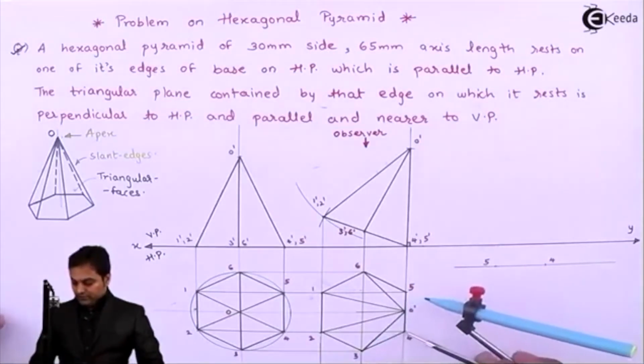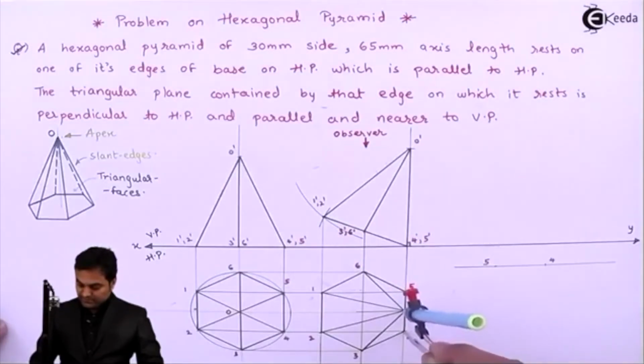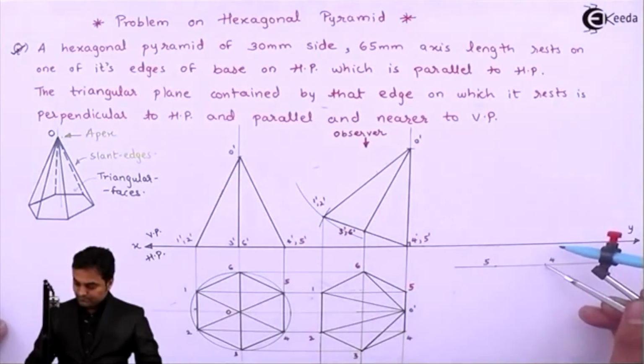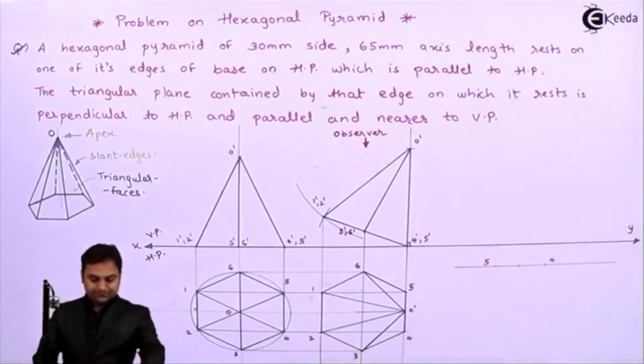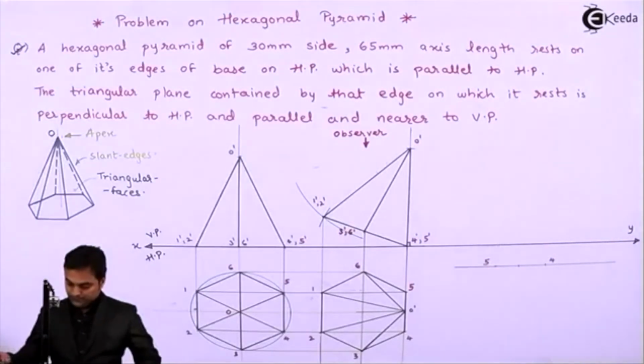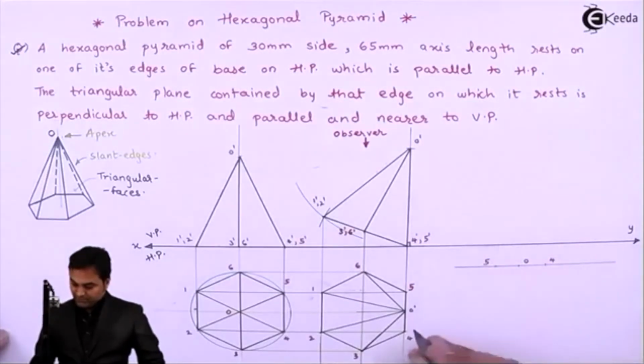Then taking half of this, I'll get the apex. So here I'll mark the apex, point O, dropping a perpendicular here.